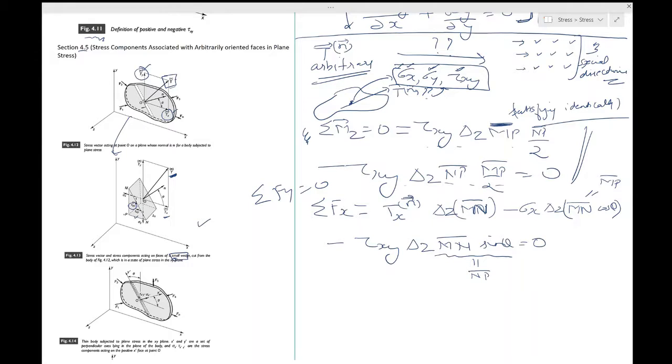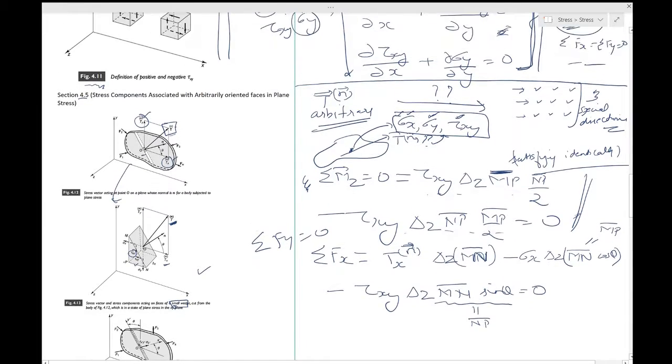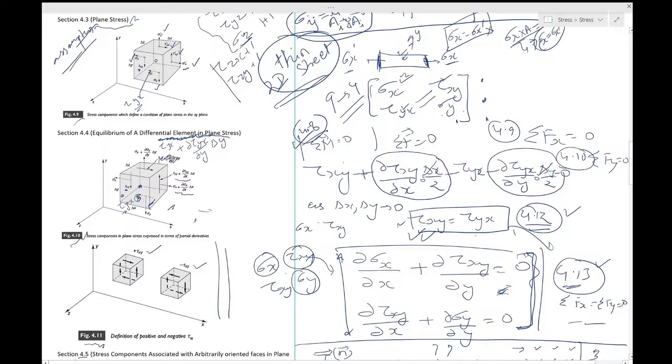This is an expected result since it was a satisfaction of moment equilibrium which led to the result 4.12. So this was exactly what had led to this, sorry, 4.12 over here.